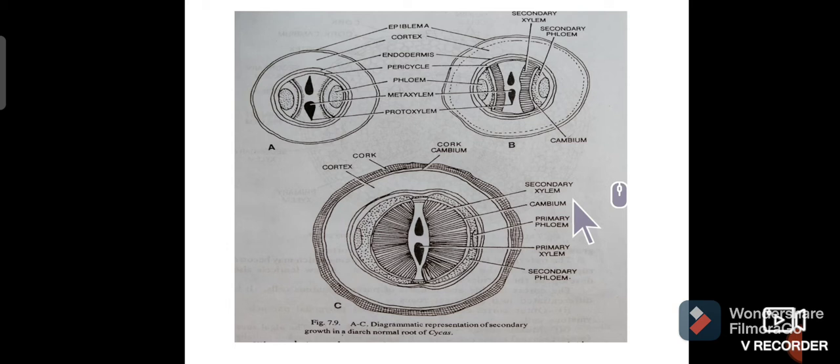So besides these secondary xylem and secondary phloem, this cambium also cuts broad parenchymatous rays. Thus the cambium produces monoxylic secondary wood similar to the stem.